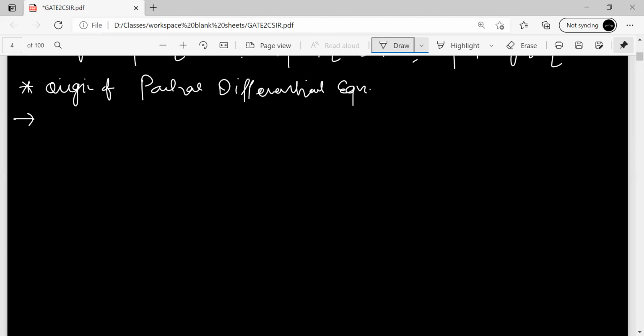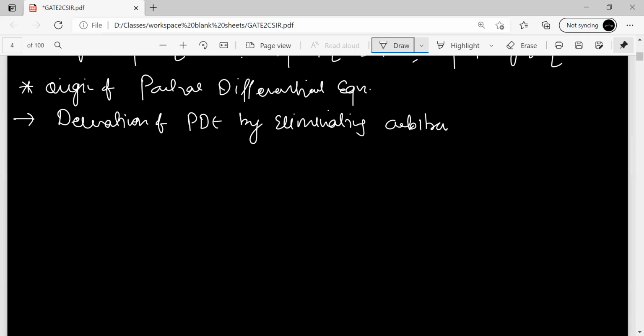That means it's a derivation of a partial differential equation by eliminating arbitrary constants, and sometimes even we remove arbitrary functions.